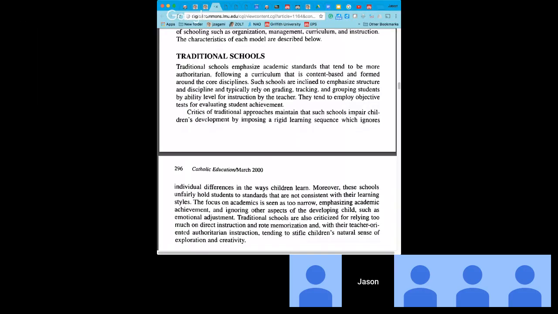Direct instruction will have immediate success around the measures that are available to measure those levels of success. It's much easier to measure success around direct instruction approaches than it is around other progressive approaches.